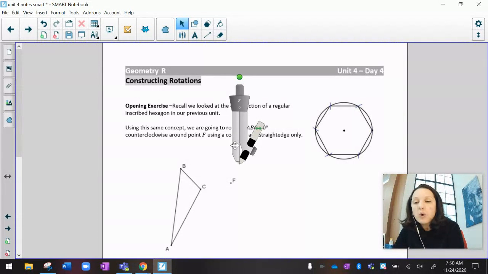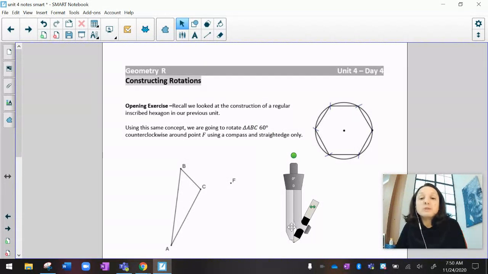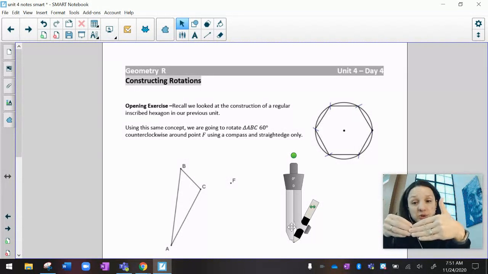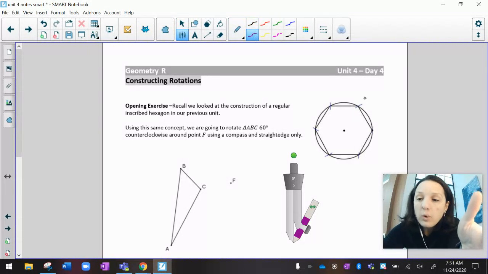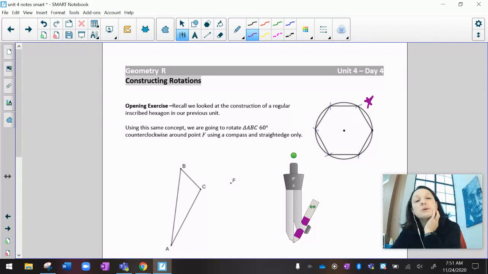All right. So when we look at rotations, that means I'm going to turn something. And when I rotate something, I have to know what center I'm turning around, what's my anchor point for the turn, and how many degrees do I want to turn it. In order to construct rotations, we're going to use this construction, which is the one that we made in the last chapter about constructing a hexagon inside of a circle.